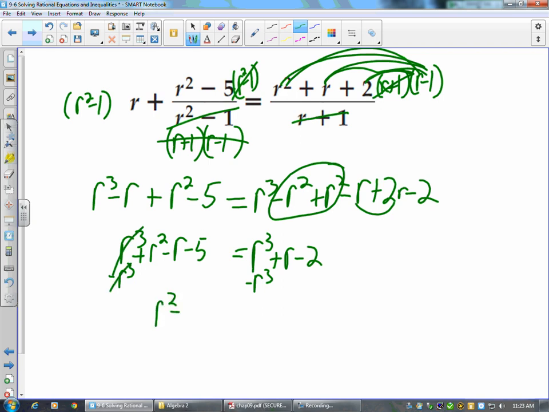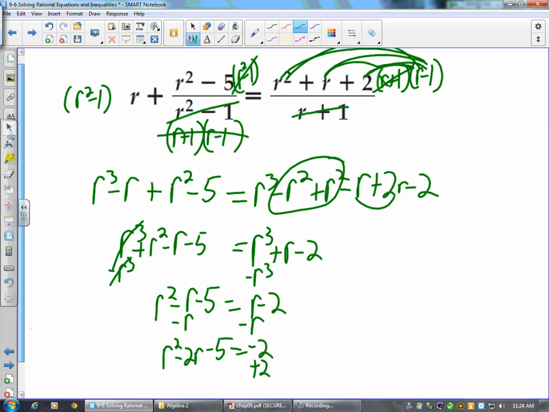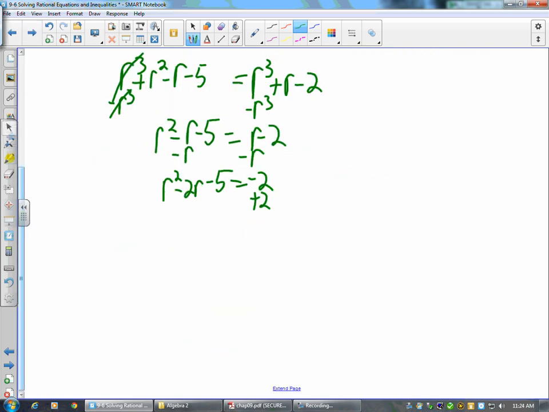R squared minus r minus 5 equals r minus 2, minus r to both sides. We're left with r squared minus 2r minus 5 equals minus 2. So it's plus 2, plus 2.